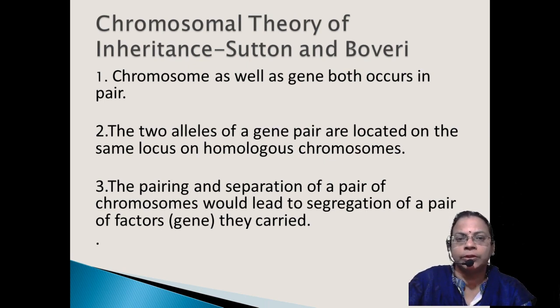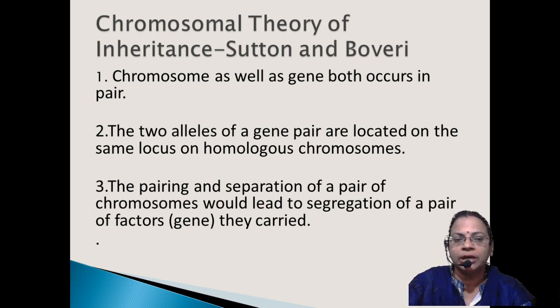These are the 3 points mainly proposed by Sutton and Boveri and named as the chromosomal theory of inheritance. So first, chromosomes as well as genes occur in pairs, and each chromosome consists of many genes, and they are located in the chromosome and arranged linearly.